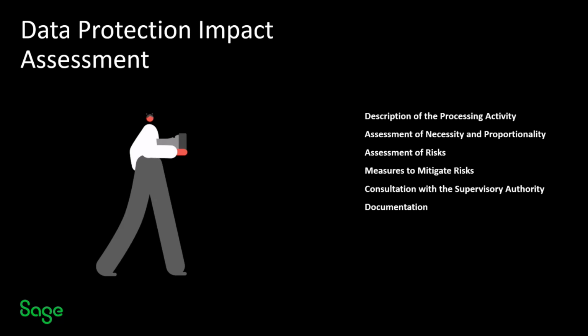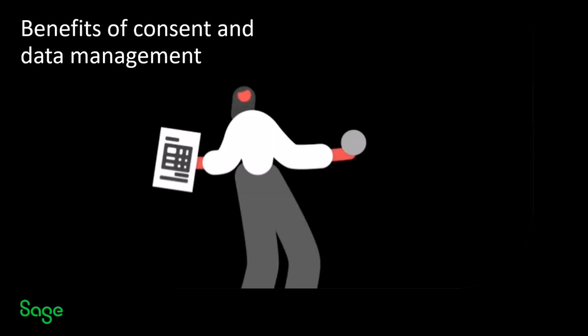Okay. Now, taking that idea a little bit further, I want to think about the idea of a data protection impact assessment. This is a tool used to assess the risks to the rights and freedoms of individuals arising from data processing activities. And it's all about helping organizations identify and mitigate potential risks before they occur. And so a DPIA will typically include the first thing, description of the processing activity, deciding what you're doing with the data.